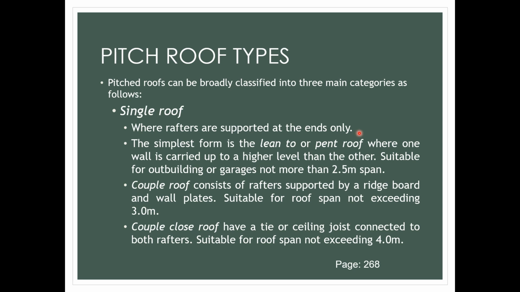I hope that you still remember the previous diagram, where the rafter is. The simplest form is the lean-to roof or pan roof, where one wall is carried up to a higher level than the other, suitable for an outbuilding or garage of not more than 2.5 meters span.